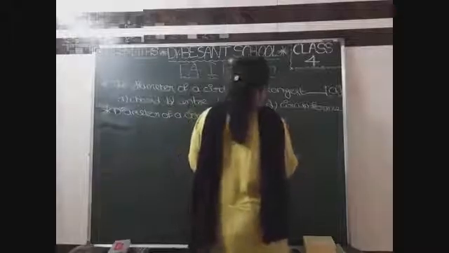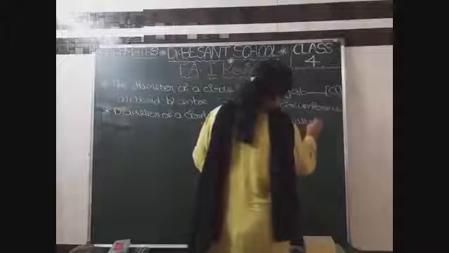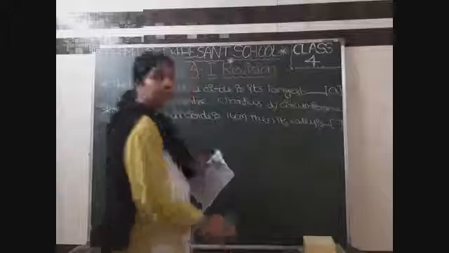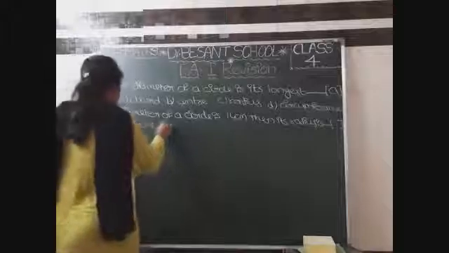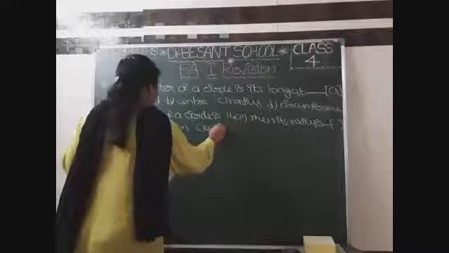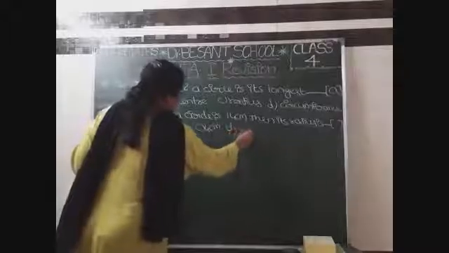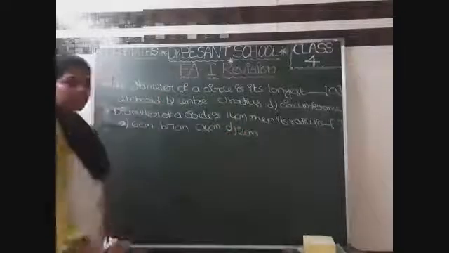Then its radius is dash. That is the question. Diameter value is given here and the radius value is asked. A option is 6 centimeters, B option is 7 centimeters, C option is 4 centimeters, and D option is 2 centimeters. Now check children.